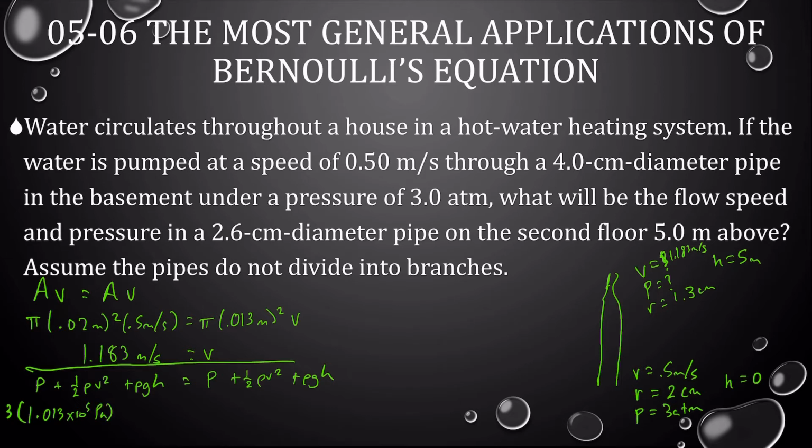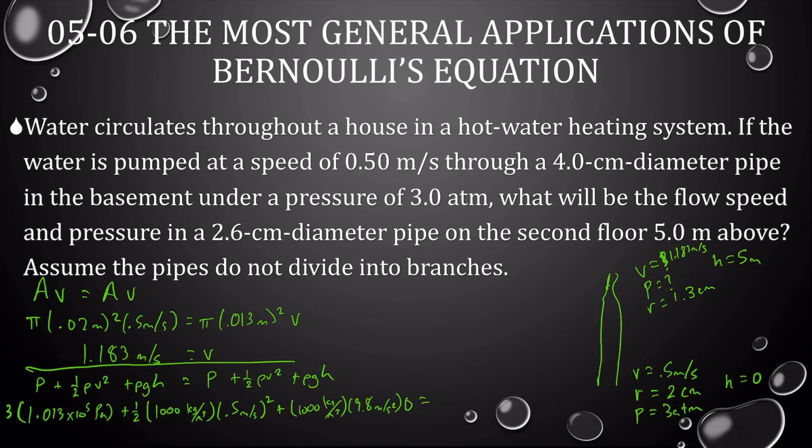That's 3 times an atmosphere, plus the 1/2, it's fresh water, so it's 1,000 kilograms per meter cubed for the density. And the basement, the speed is 1/2 meter per second, squared. The density for the rho g h is 1,000. g is 9.8. And the height is 0.